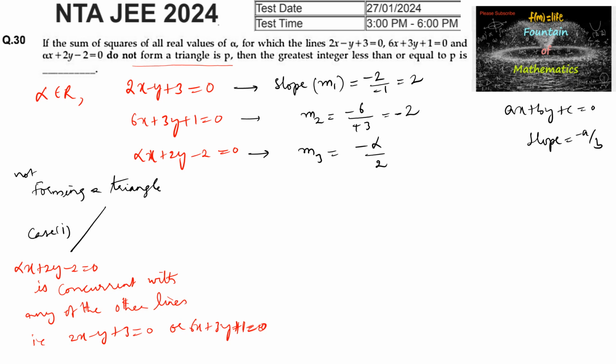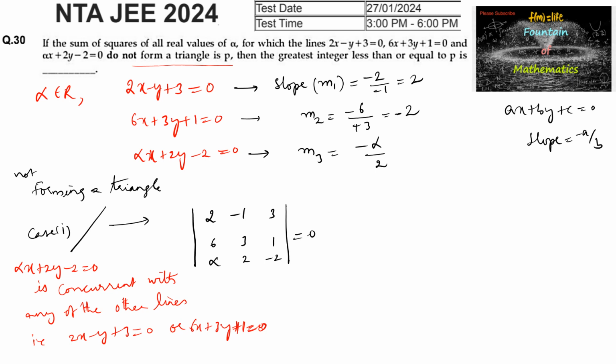And the condition for this case is, we can use the determinant method for a1x plus b1y plus c1 is equal to 0, a2x plus b2y plus c2 is equal to 0, and a3x plus b3y plus c3 is equal to 0 to become concurrent lines. We have the determinant of a1 b1 c1, a2 b2 c2, a3 b3 c3 is 0, that is, we can write 2, minus 1, 3, 6, 3, 1, alpha, 2, and minus 2, which is equal to 0.